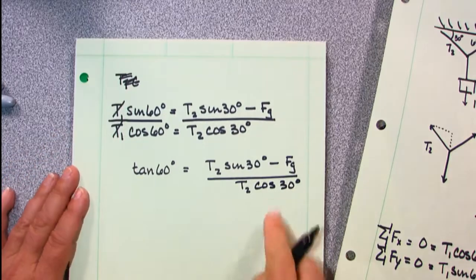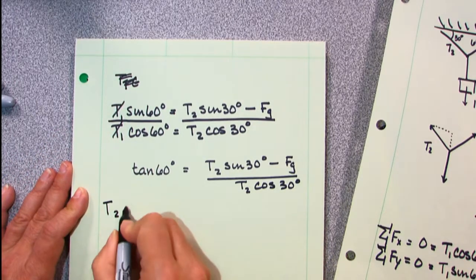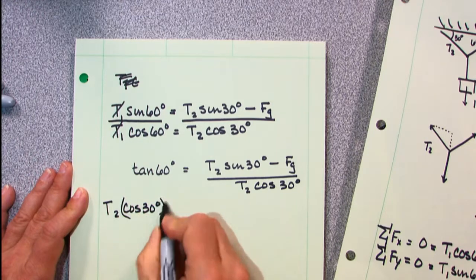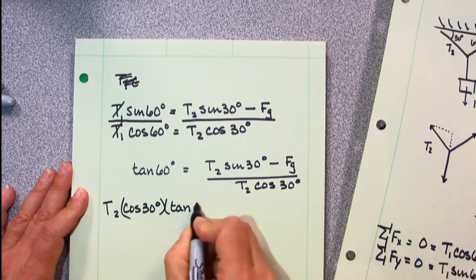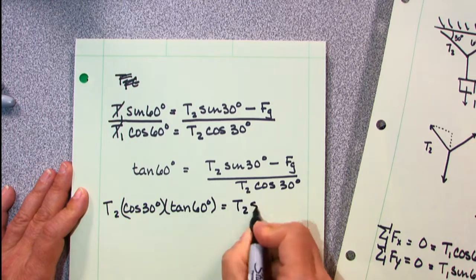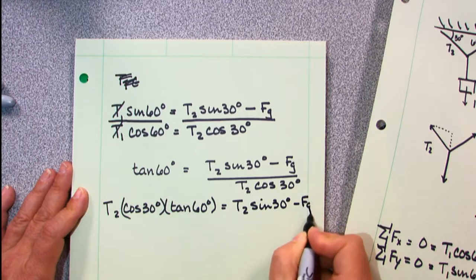I'm going to multiply both sides by T2 cosine 30 degrees, so I get T2 cosine 30 degrees times tangent 60 degrees is equal to T2 sine 30 degrees minus my force due to gravity.